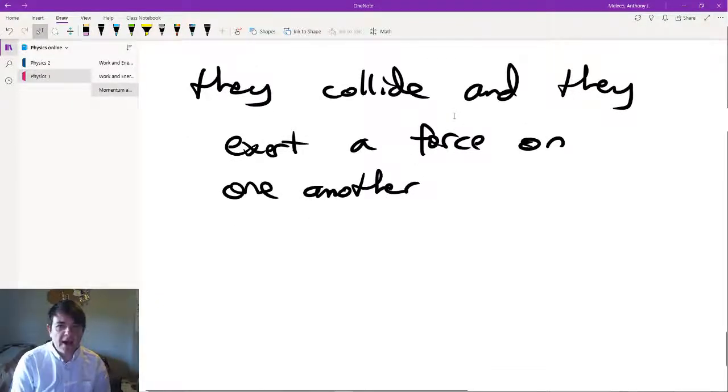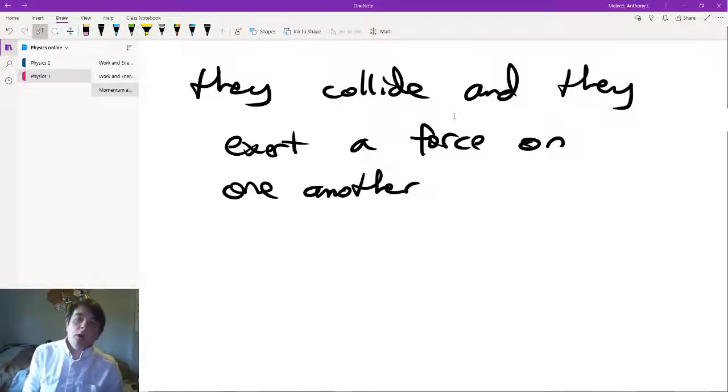Well, if you remember back to forces, we talked about three laws, right? Newton's second law we already talked about this time. The first law was just about objects keep doing what they were doing before if you're not exerting a force on them. And then the third law is the one we're going to talk about, right?